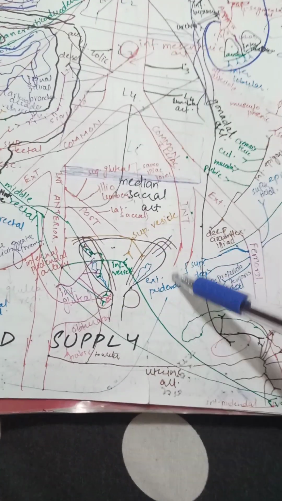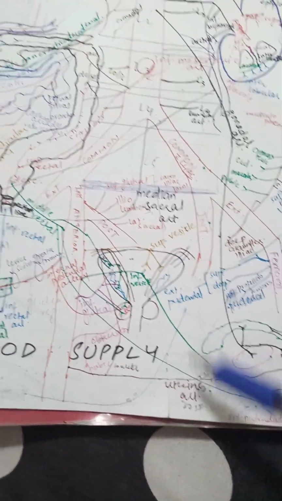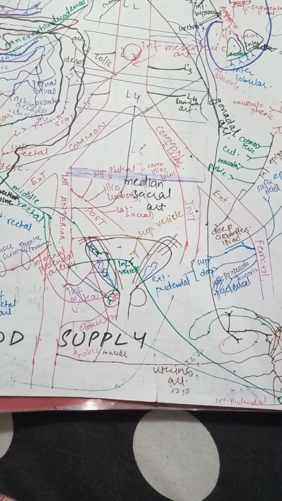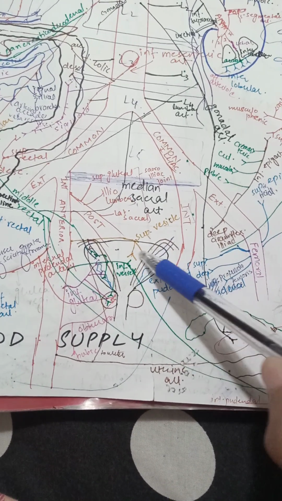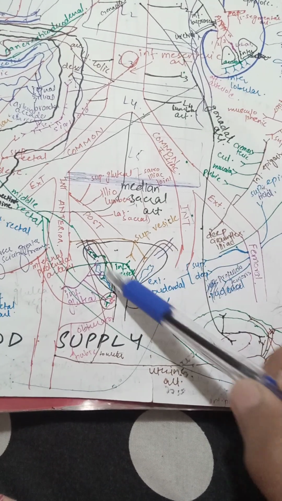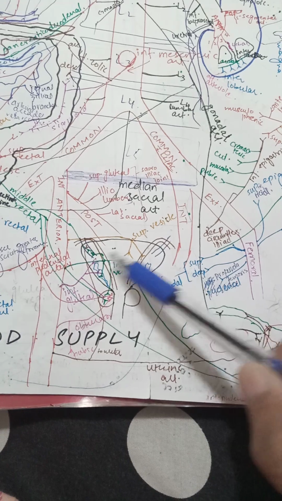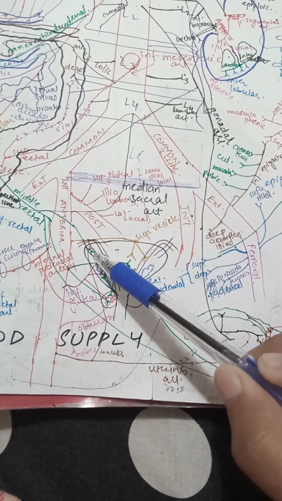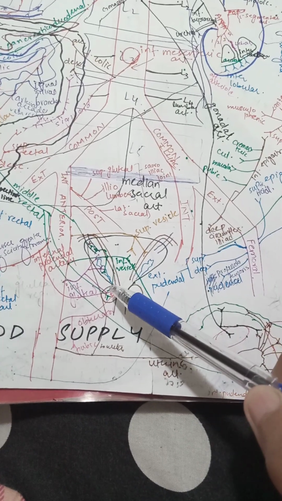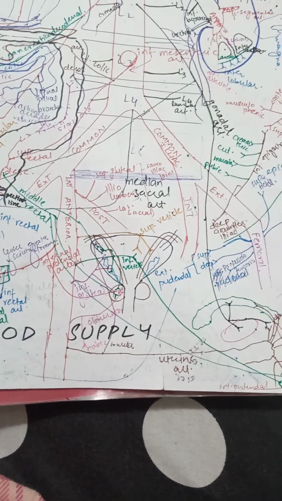Now this was all about the male system. You can see that the vas deferens is supplied only by the superior vesical. The urinary bladder is supplied by superior and inferior vesical both, and you can see the ureter is supplied by the middle rectal, inferior vesical, and the uterine artery.